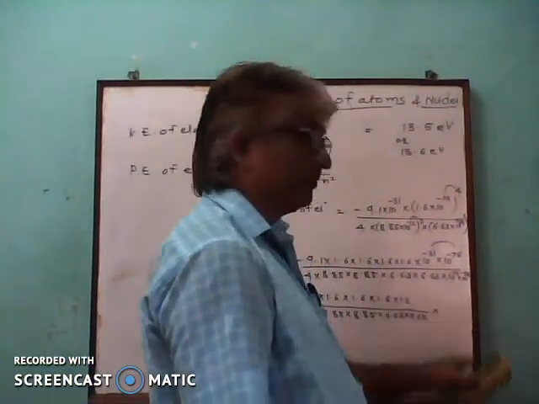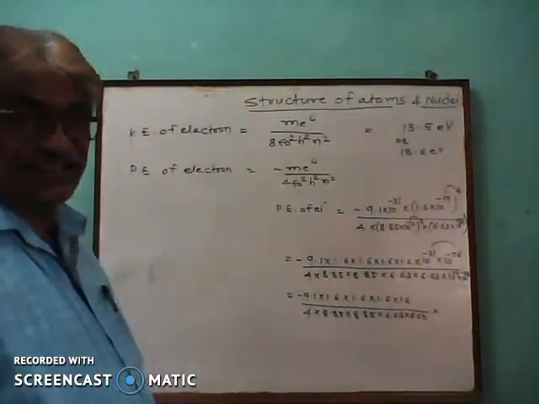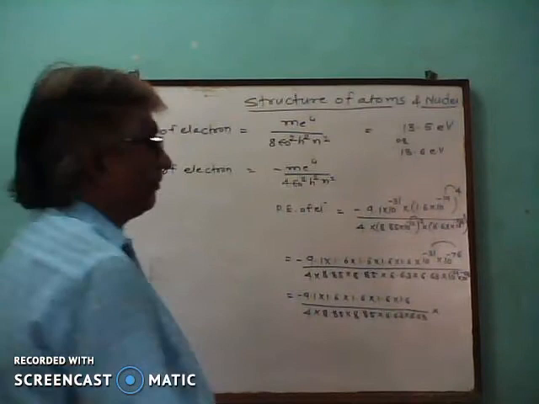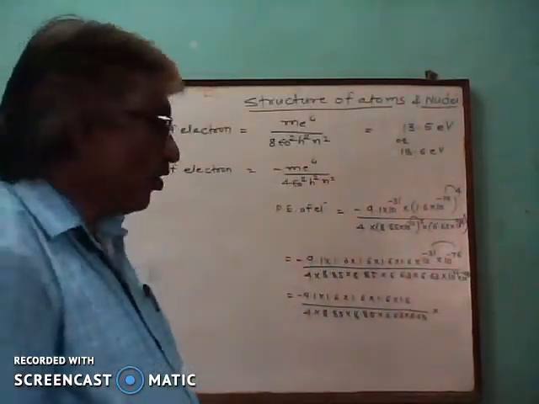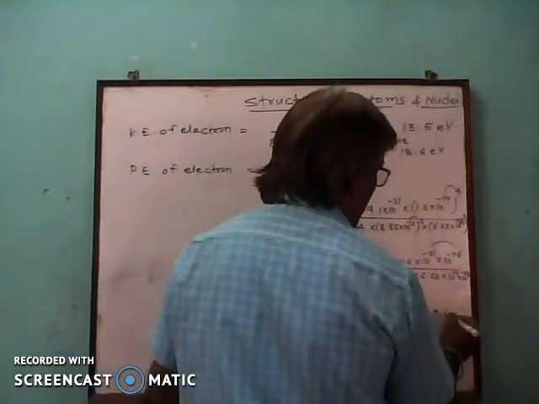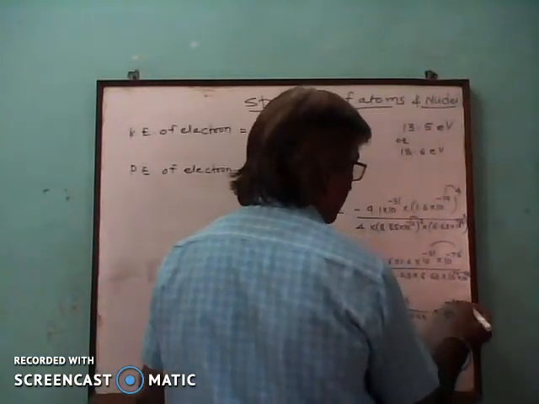Here addition of the two is minus 92. If minus 92 is shifted to the numerator, it is plus 92. So here 10 raised to minus 15.